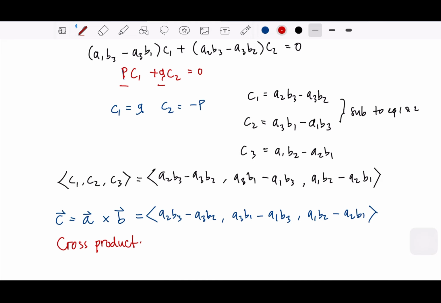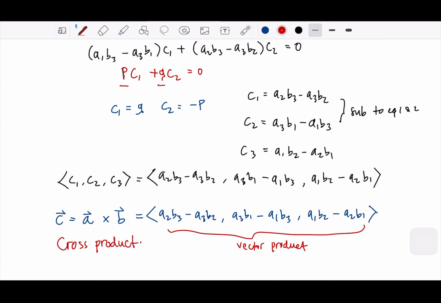And the difference from the dot product is that now the result is a vector. So it is a vector product, not scalar.